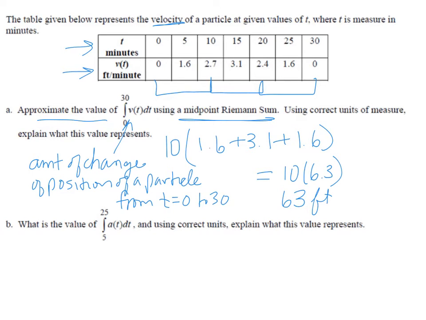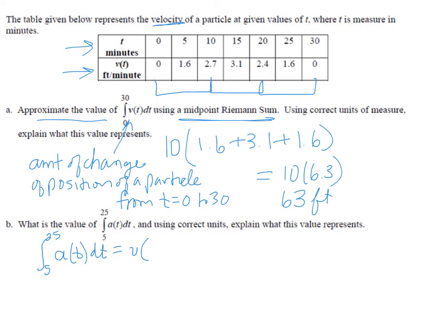And then what is the value of the integral of a of t, acceleration, from 5 to 25, and explain what the value means? If I use the notation, the integral from 5 to 25 of a of t dt is equal to, if you take the integral of the acceleration, you get velocity.